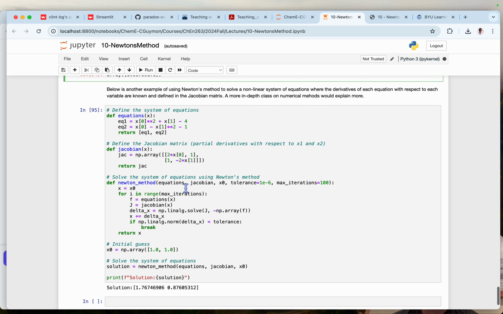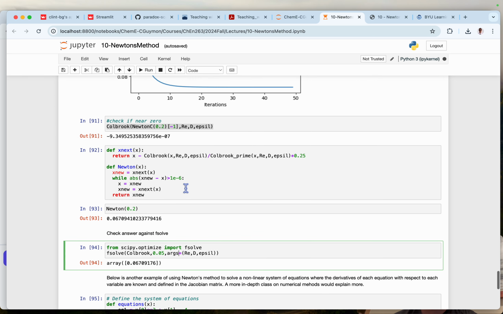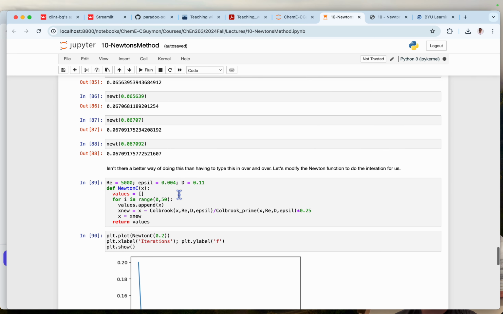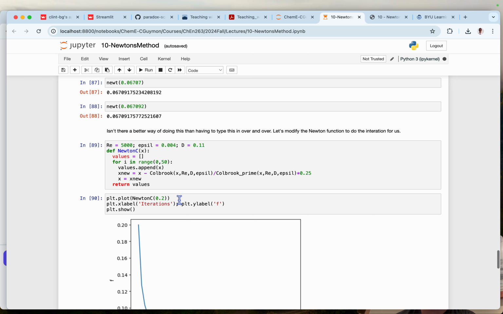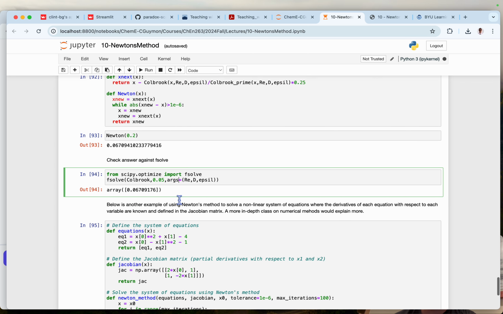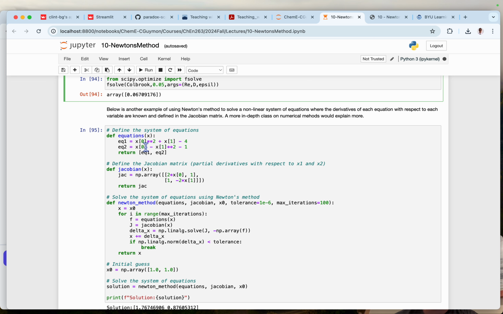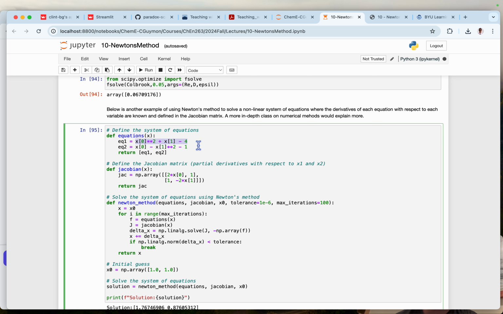So with this Newton's method here, we just solve for one variable. Well, what happens if you have 2 equations and 2 variables, or 2 unknowns? Well, there's a way to use Newton's method, and that's using a Jacobian matrix. So you need to understand or obtain the derivatives, in this case partial derivatives, with respect to the 2 variables. So let's say I have an equation like this. x squared plus y minus 4.